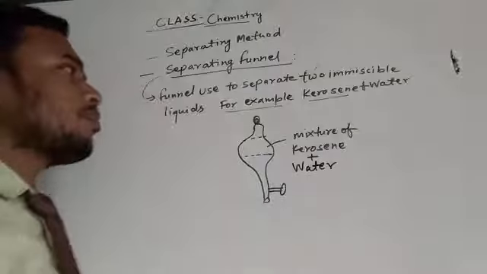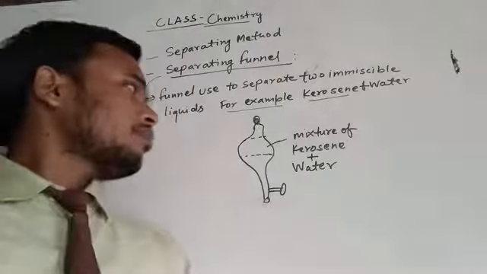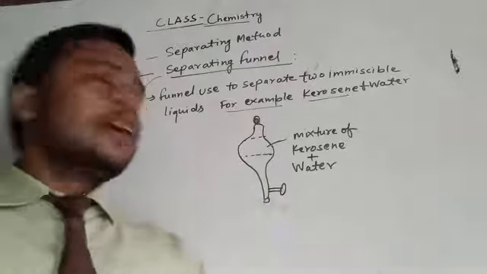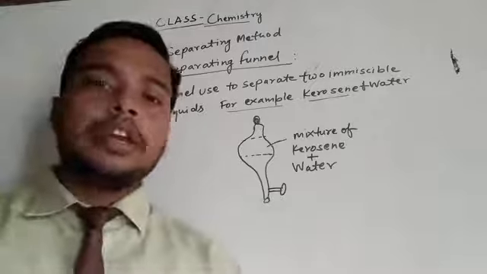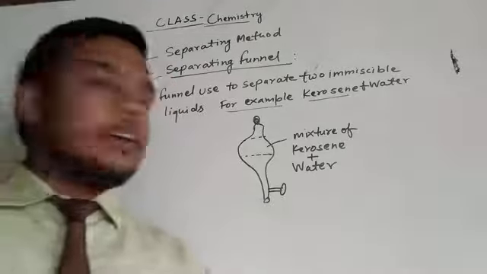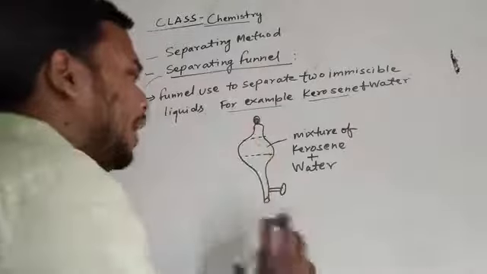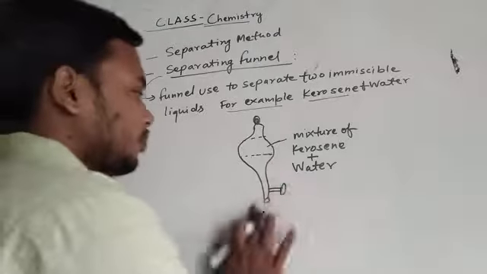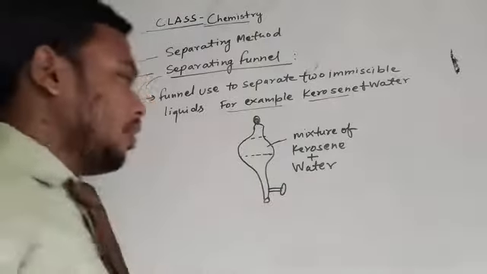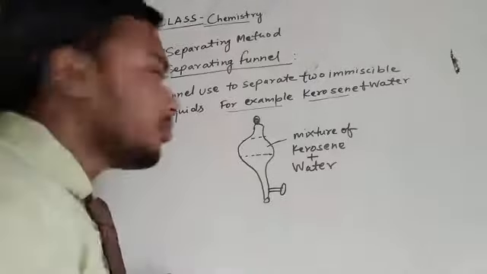When we want to separate with the help of a separating funnel, first of all we fill this mixture, kerosene oil plus water, into the separating funnel, mix them properly, attach it, hold it with a holder, and hang it like that as given in the figure.